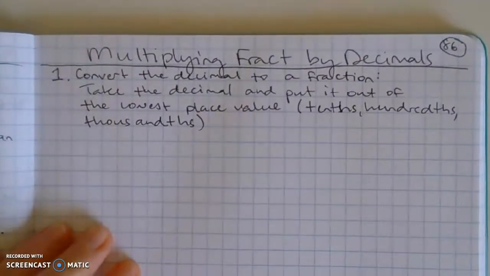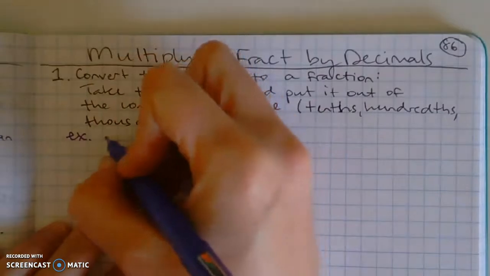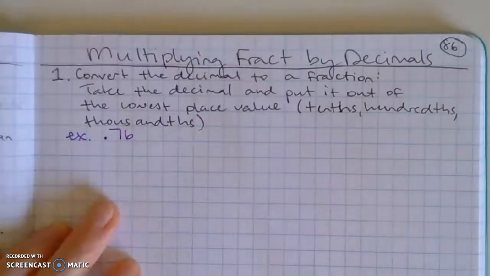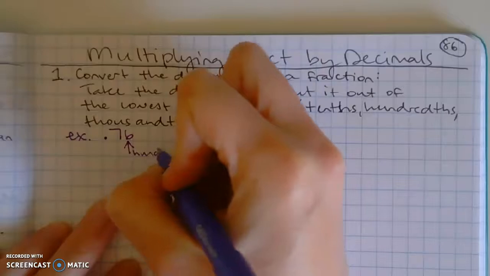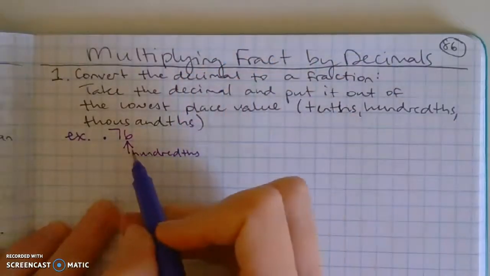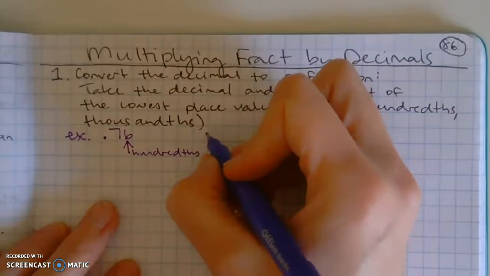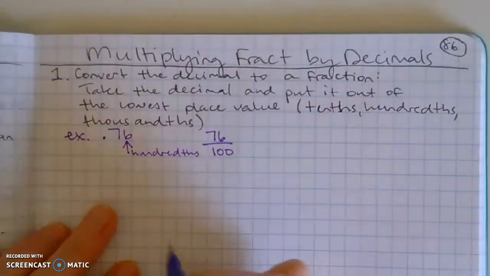So what that's going to look like is if I have 0.76, my last place value is the hundredths place value. So my fraction is going to be over 100. So I'm going to have 76 over 100.